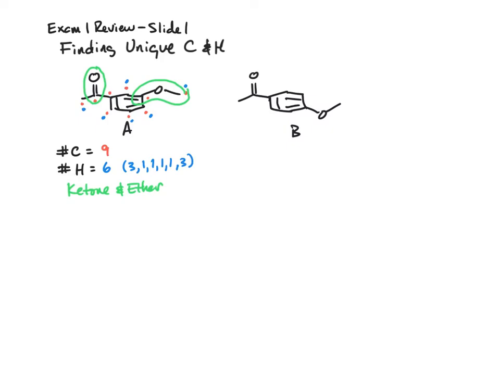I see a couple of timid hands, a confident hand. So it is 5. Can you tell me how we counted to 5? What are we counting? How many pi bonds? 4. How many rings? 1.